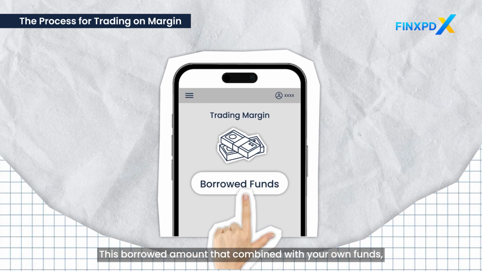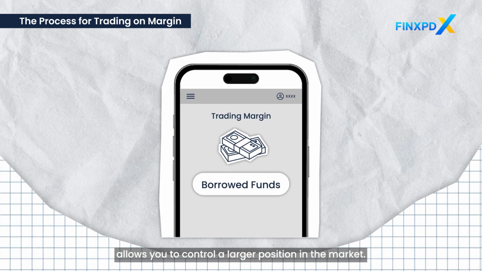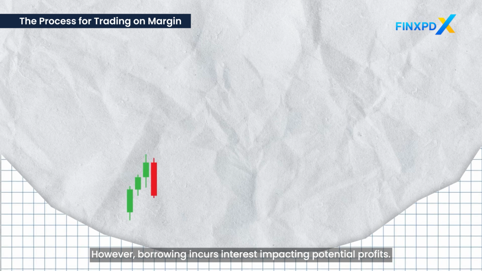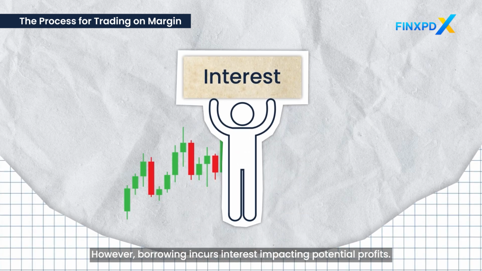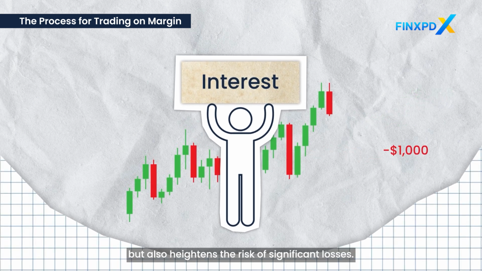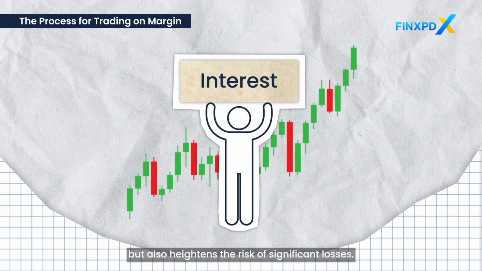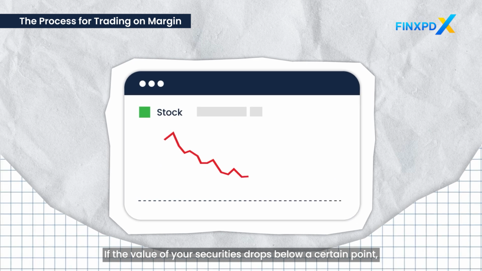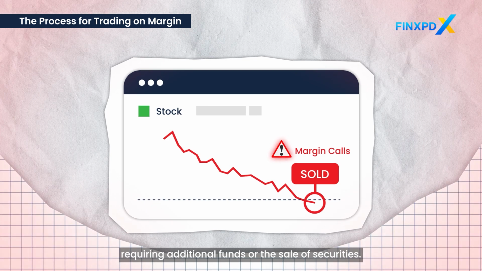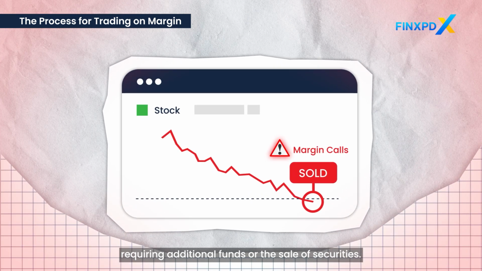This borrowed amount, combined with your own funds, allows you to control a larger position in the market. However, borrowing incurs interest, impacting potential profits. Margin trading amplifies gains, but also heightens the risk of significant losses. If the value of your securities drops below a certain point, the broker may issue a margin call, requiring additional funds or the sale of securities.